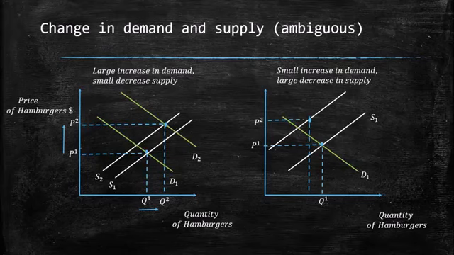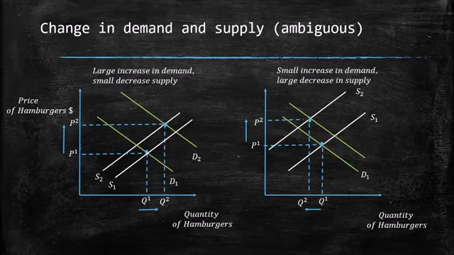There was a big storm, a big weather problem, for example on the coast. So it's going to be a decrease here, and a small increase in demand, because at the same time maybe people discovered that the meat of the hamburgers is good.